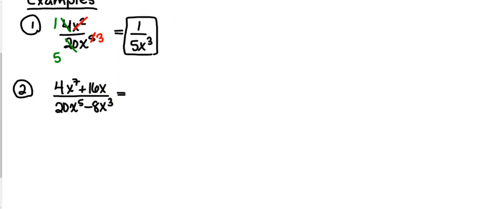What is our GCF? Well, I see 4 and 16. I know I can factor out a 4. There are 7 x's here and 1 here, so I can factor out a single x. Seeing what's left, dividing both of these terms by 4x, 4 divided by 4 is 1.